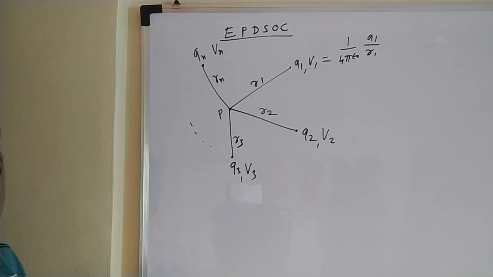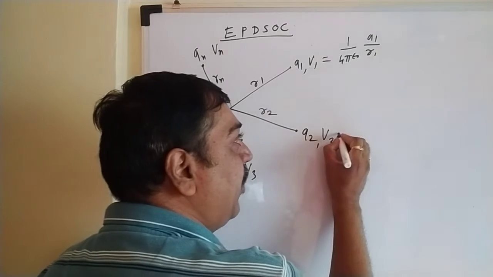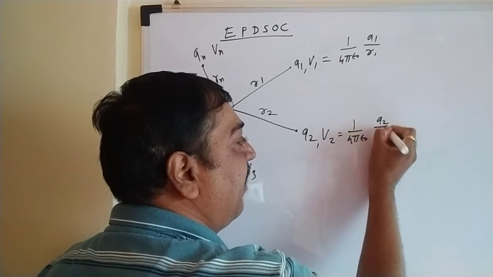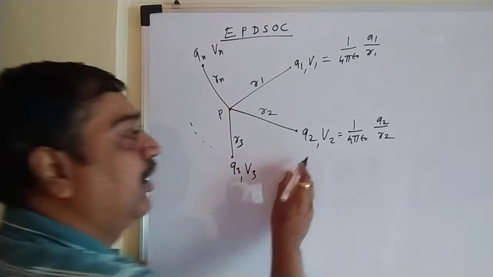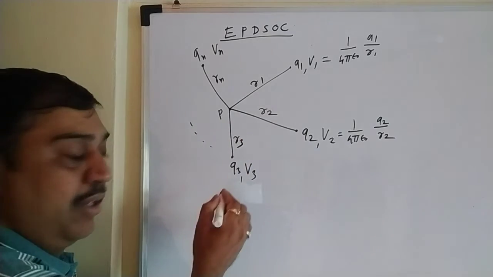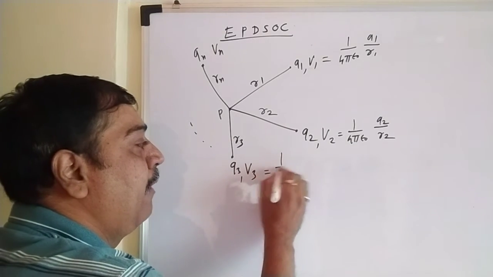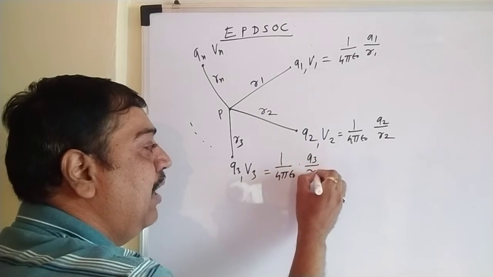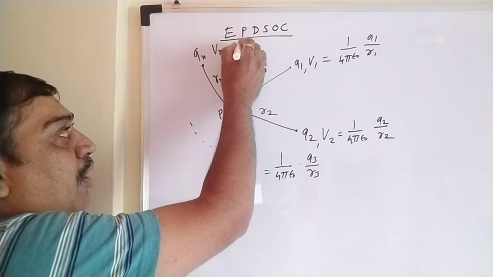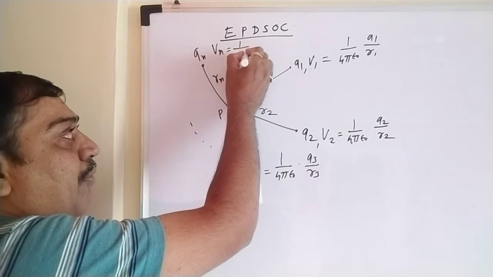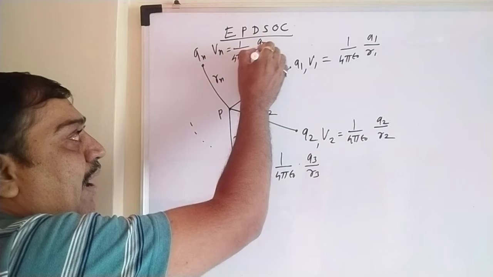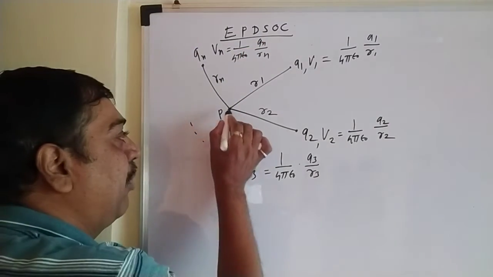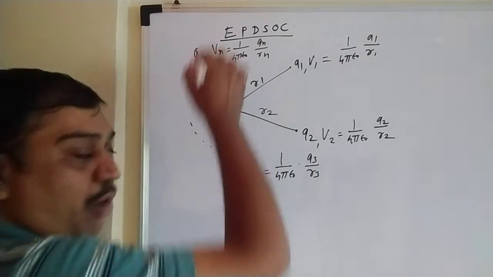V2 equal to 1 divided by 4 pi epsilon 0, q2 divided by r2, the electrostatic potential exerted by q2 at P. Similarly, V3 equal to 1 divided by 4 pi epsilon 0, q3 divided by r3. And so on, Vn equal to 1 divided by 4 pi epsilon 0, qn divided by rn. So all these charges exert a potential at point P: V1, V2, V3, up to Vn.